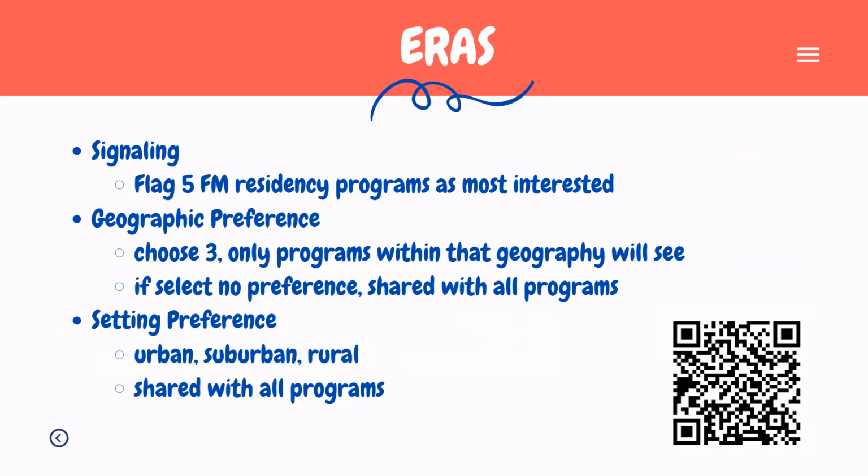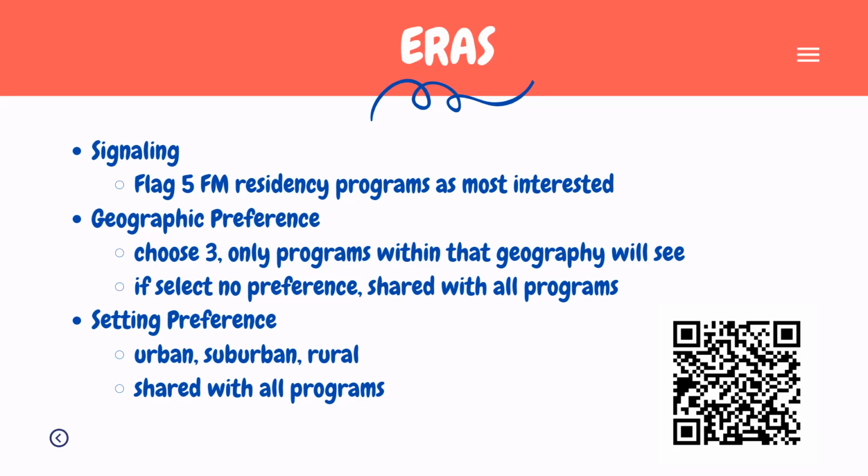Something that's also new this year is called signaling. I don't think all residencies are particularly clear on how they're going to be using this. There have been some recommendations that this should not be utilized to dictate who you interview, but perhaps who you provide a spot to, like how you rank somebody.